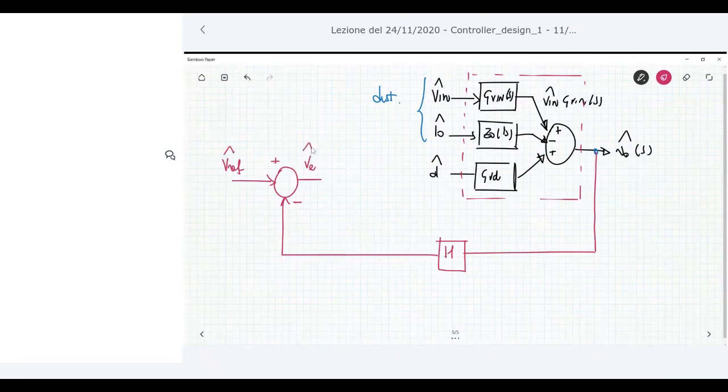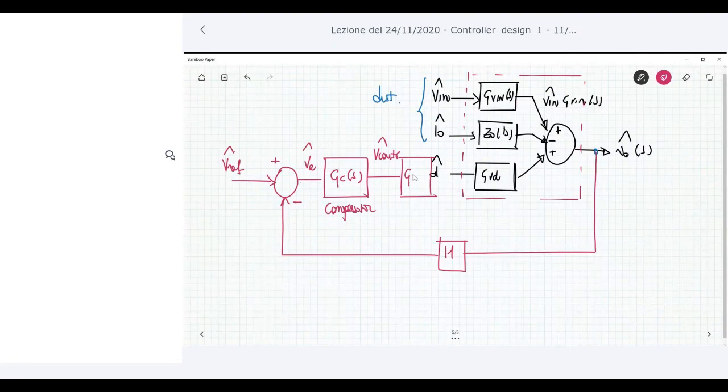We are talking about variation, so we can put this hat on the variables. We have here the compensator. Let me describe the compensator with the transfer function, which is G_C(s). It is the transfer function between the control voltage at the output with respect to the error voltage at the input. And then we have here the pulse width modulator.